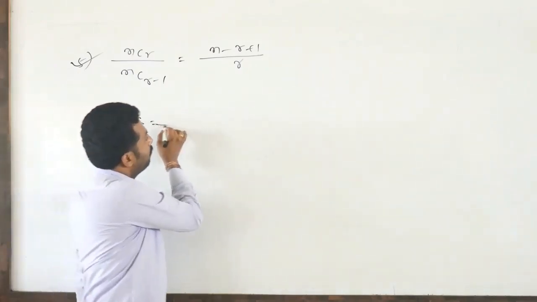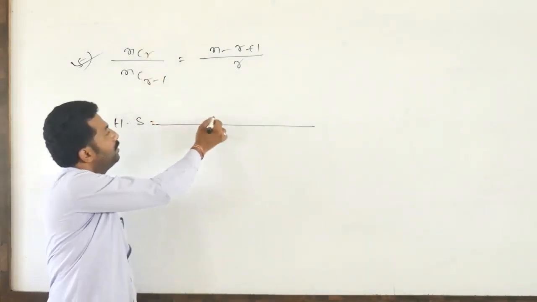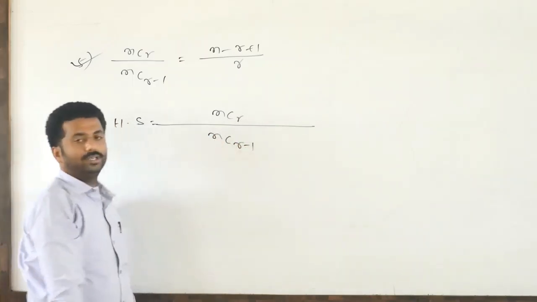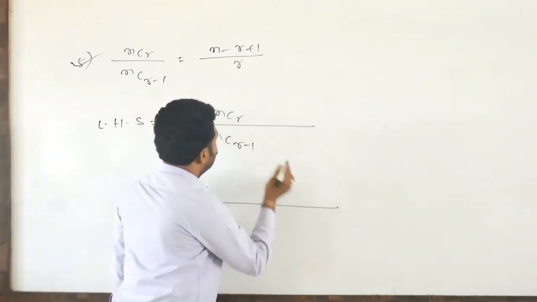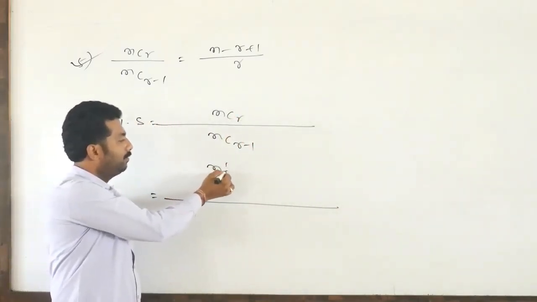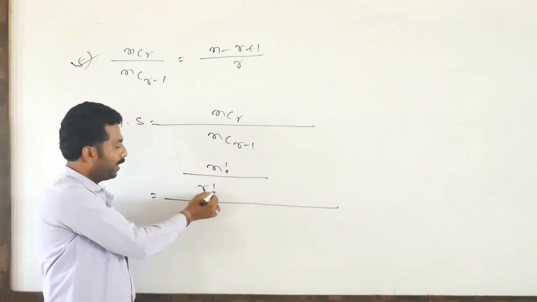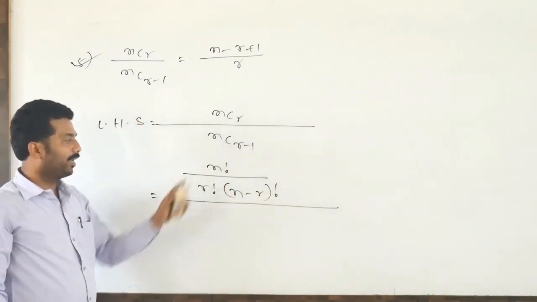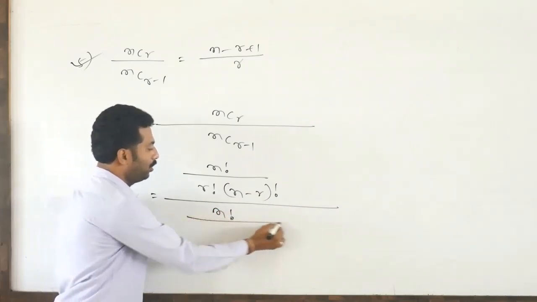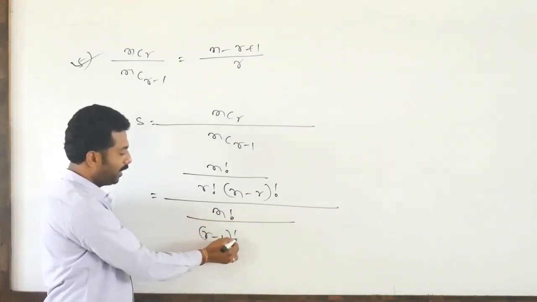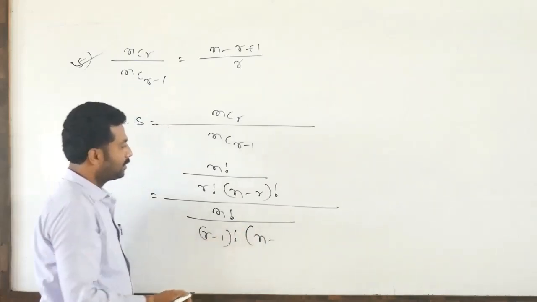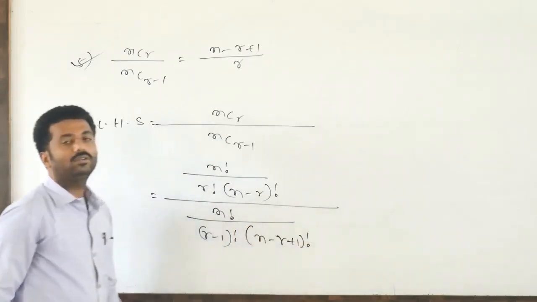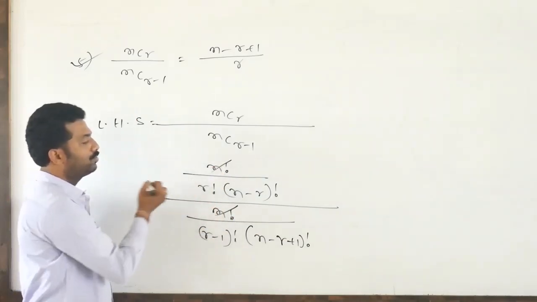In the LHS, the numerator is nCr and the denominator is nC(r minus 1). nCr means n factorial by r factorial into (n minus r) factorial. nC(r minus 1) is n factorial divided by (r minus 1) factorial into (n minus r plus 1) factorial. Very clear, the n factorials cancel.